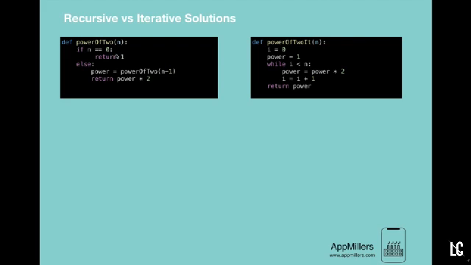Then, if the condition is not satisfied, the function calls itself recursively and returns a power of 2. In the iterative solution, we start by creating two variables, i and power. While i is less than n, it multiplies power by 2, and in each iteration, i is increased by 1.